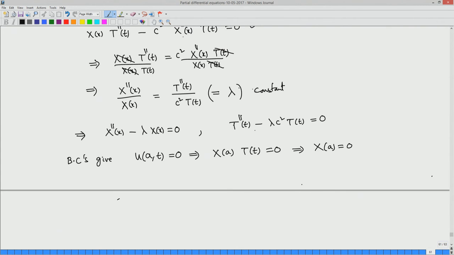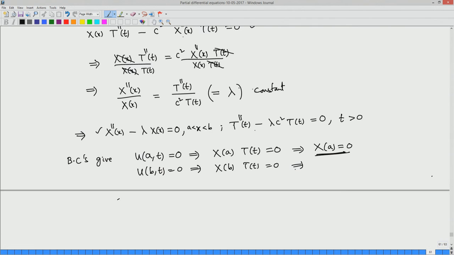So, you have a boundary condition for X. What is your domain for X? X is between a and b, and t is positive. Now for this problem you have found the boundary data X(a). Similarly, u(b,t) equal to 0 will give X(b)T(t) is 0.